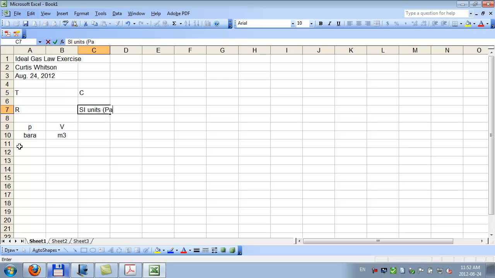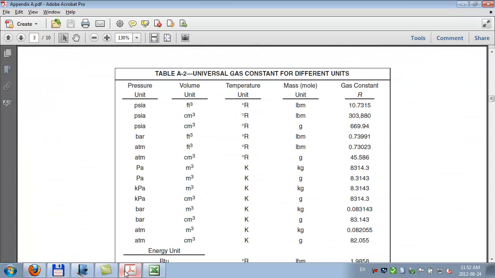It's actually, it depends how you want to do it. You can either use the 8314, which has Pascal, or I can go into that thing here, and I can say, oh, actually we have bar, this one here. I can use that. Bar, cubic meters, Kelvin, and kilogram. That's what I prefer doing.